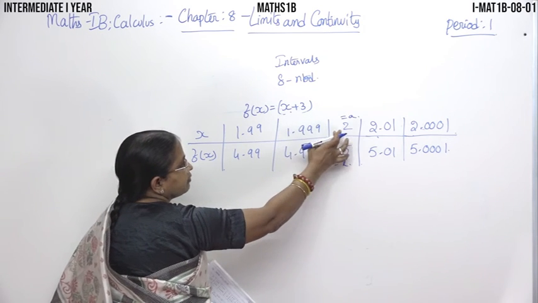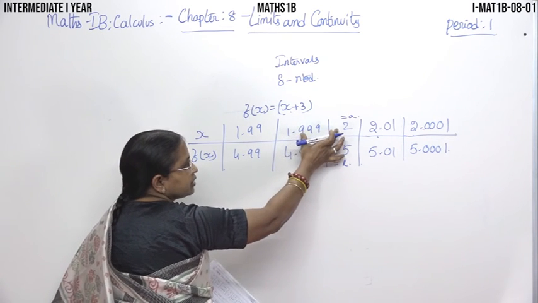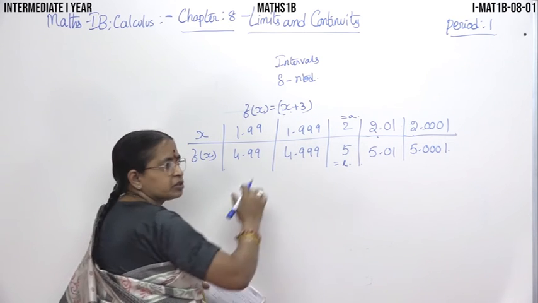When you see the difference between 2 and 1.999, it is small. So the difference between these two is also made small.